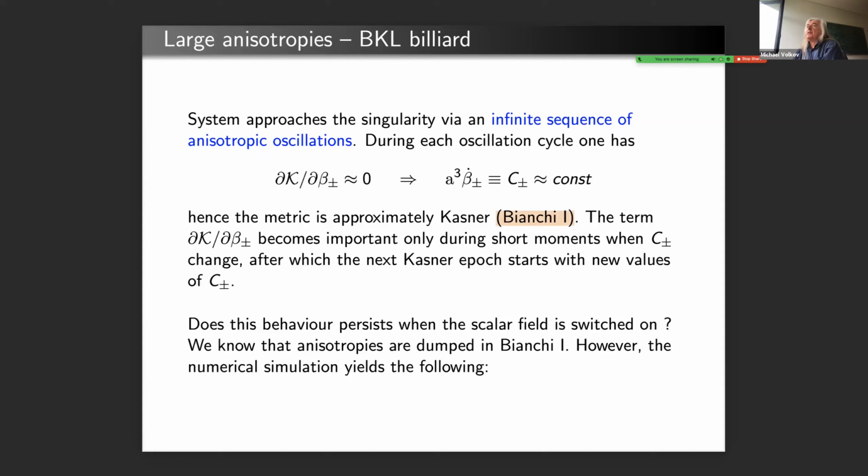And during each cycle the curvature term is negligible, and it becomes important only when the cycles change, and this changes the values of the integration constants. And now the question: this is the vacuum theory. What happens if you switch on the scalar field?